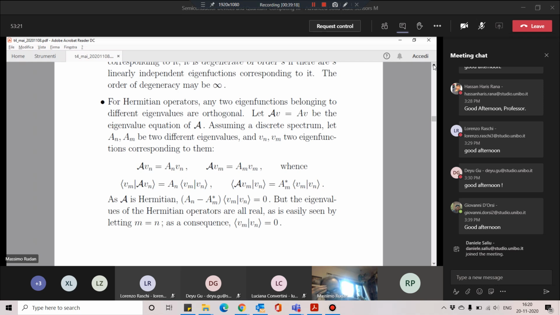So it looks like when we have degeneracy, then there are problems, but there are not, because there is a procedure that we are not going to describe in detail. This procedure is called orthogonalization.